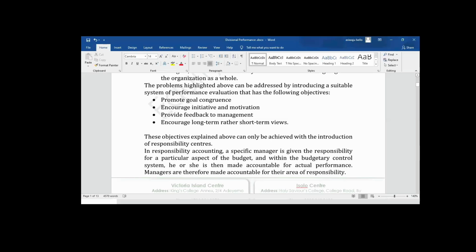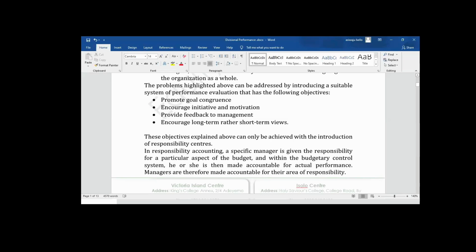We are responsible for performance management budgets. And we will be made accountable for the actual performance of these budgets. That is responsibility accounting. A designated individual is given a particular responsibility in the company. And that individual is made accountable for that budget, actual performance.